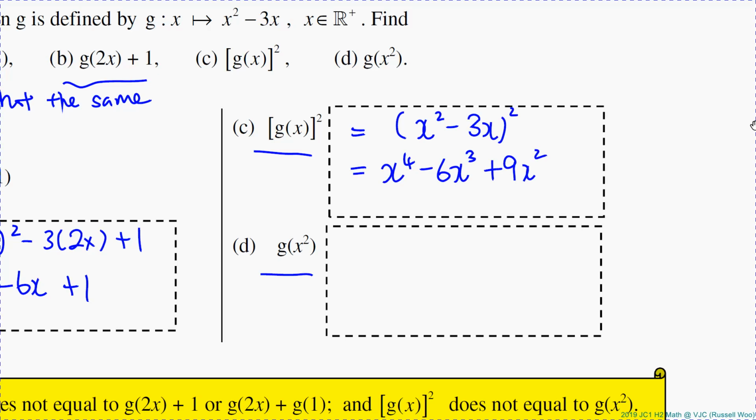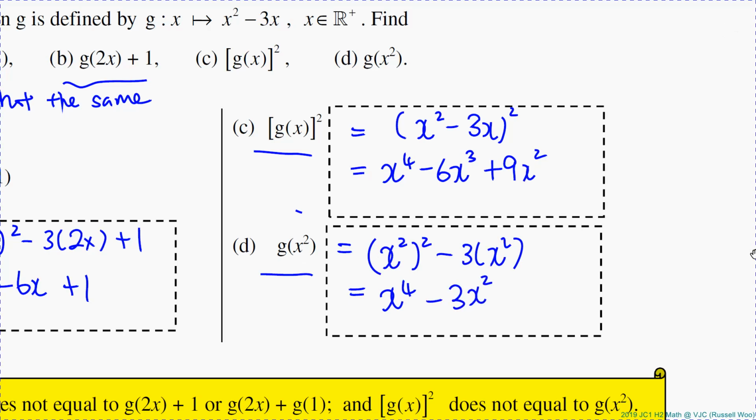Alright, you expand this. However, if you just do G(x squared), it is just replacing my x with x squared. You get x to the 4 minus 3x squared. Clearly, they are not the same.